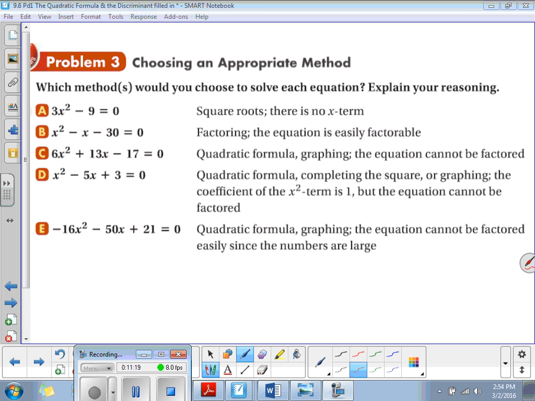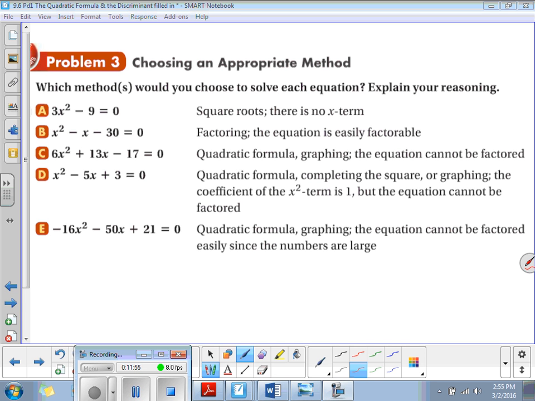Okay? So the next one, x squared minus x minus 30 is equal to 0. You can solve that one by factoring, because 5 times 6 is equal to 30, right? So you can easily factor that into the two binomials and then set them equal to 0, and then get your solutions that way. 6x squared plus 13x minus 17, here we can use the quadratic formula, we can use graphing, because the equation can't be factored.